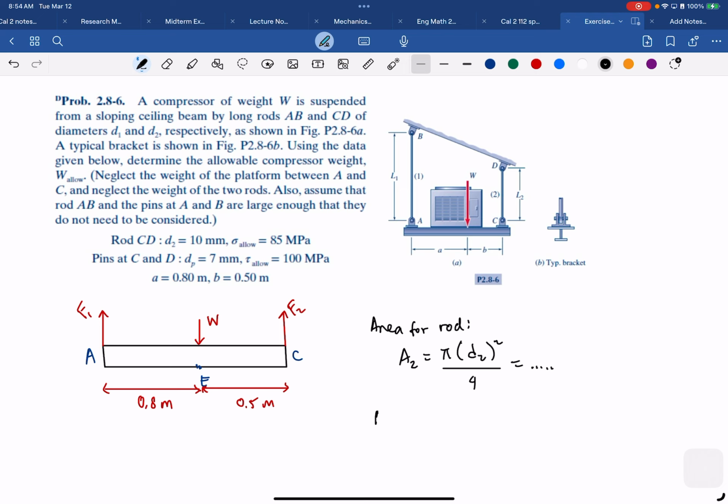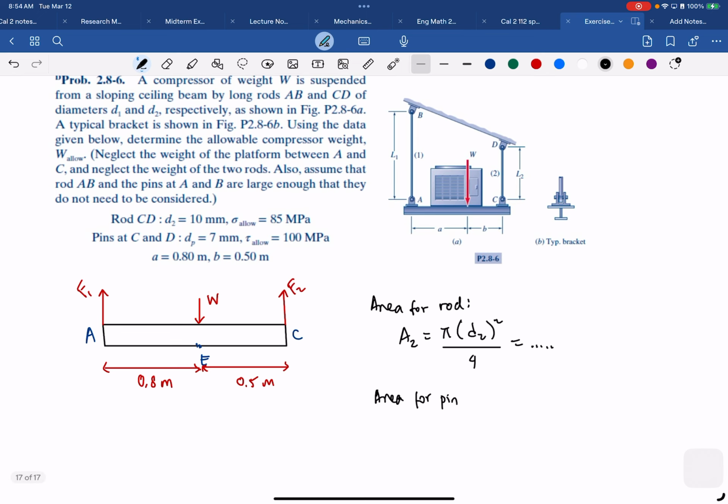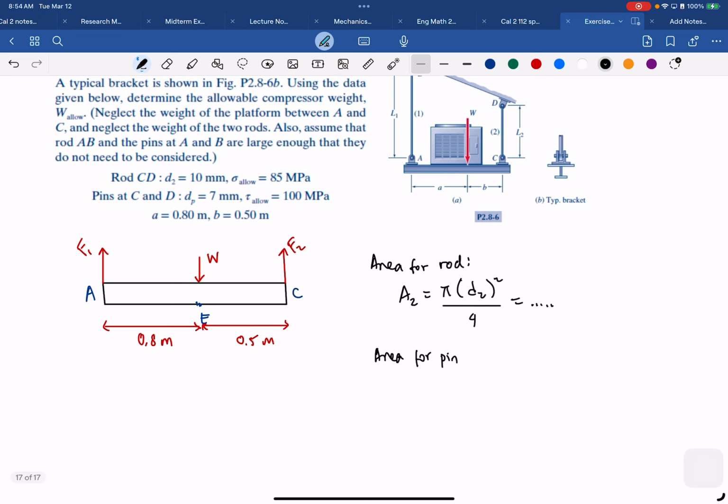And then area for pin, because we are also going to calculate the pins, and we expect to calculate the shear on the pin, right? So this will be area for pin, pi d squared over 4. So we get both areas.